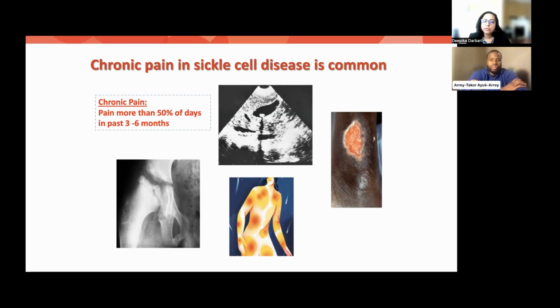Or sometimes we have this pain, which really is very difficult to explain. We have done the hip imaging, we have done the other tests and things like that, but cannot really pinpoint what exactly is causing the pain. And this kind of pain, the image of the person shown here, is generally multifocal. So there are many sites that have pain, and it's constant, impacting patients more than 50% of the days. Next slide, please.